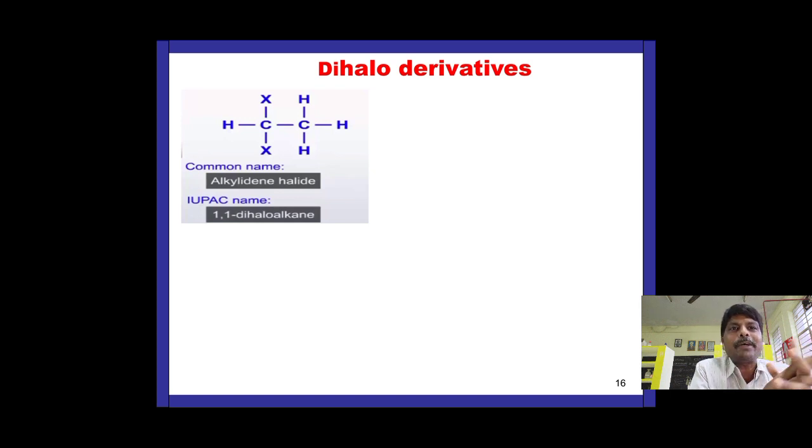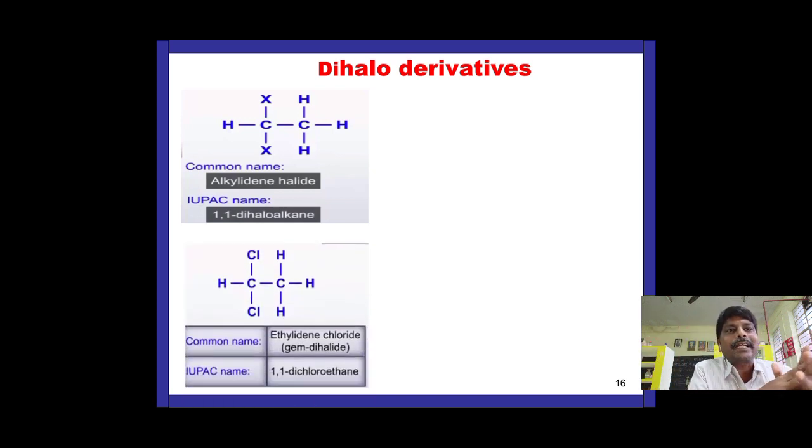Now you can see first, in this case both X are present on the same carbon. This type of derivative is called geminal dihalide or gem dihalide. You see first ethane. In ethane, two X are present on the same carbon. What is the common name for gem dihalides? Alkylidene halide.